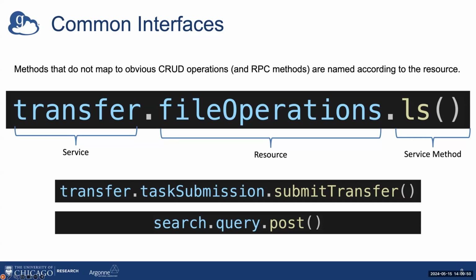Another good example is task submission. I believe task submission within transfer submits a post. And so the idea of the call being transfer task submission submit transfer works out well because it doesn't necessarily align to those CRUD operations one-to-one. To submit a delete, it's actually a submit delete call.